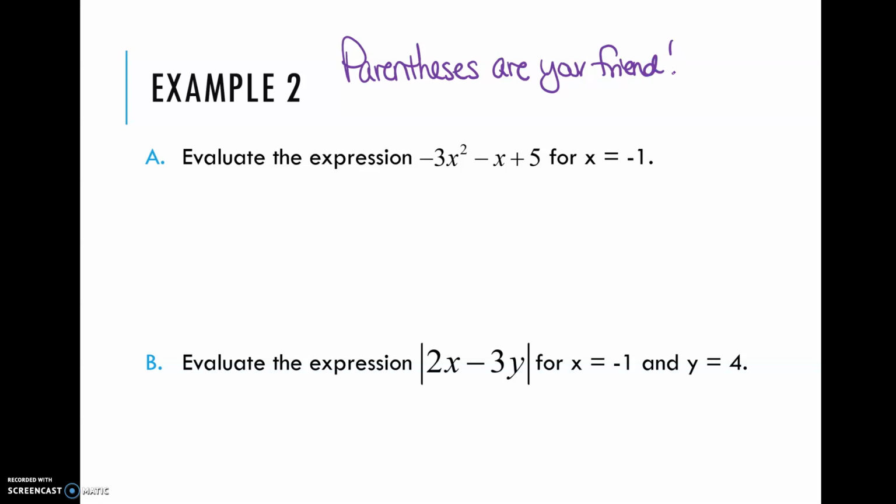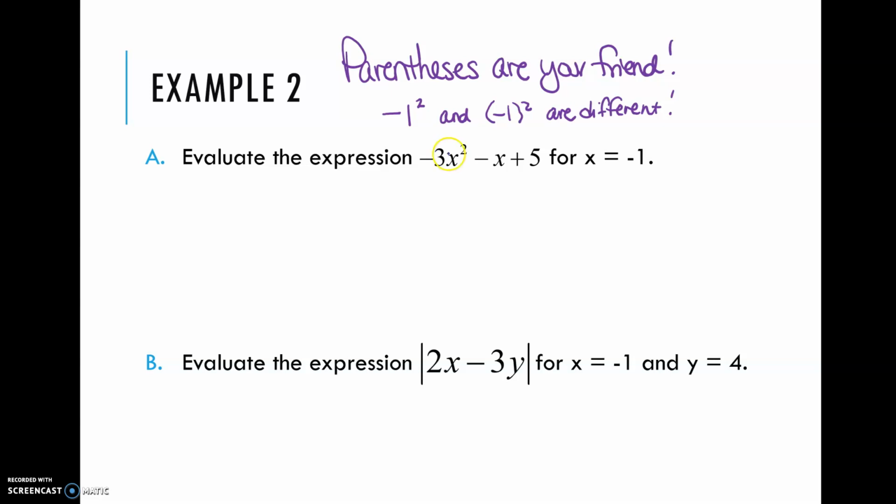If you are trying to do a negative number raised to an exponent, like -1 squared, whether you have it in parentheses or not affects your answer. Ultimately, I'm going to tell you, plug these into your calculator. But if you don't use parentheses, your calculator will tell you the wrong answer. You have to tell your calculator exactly what you want it to do.